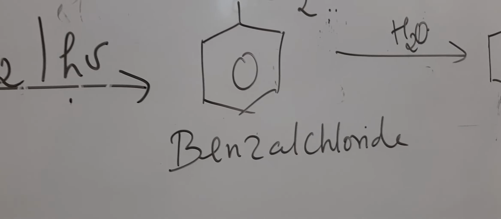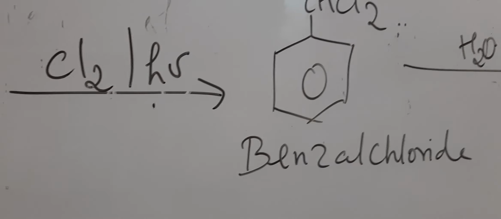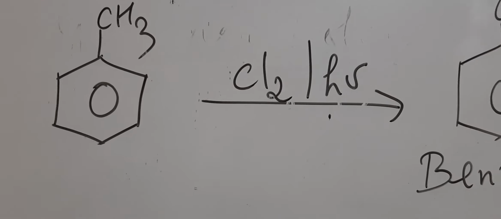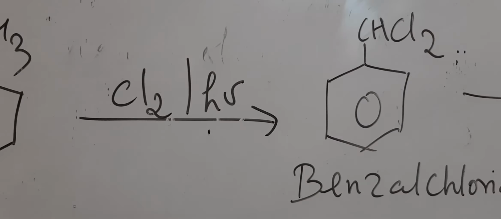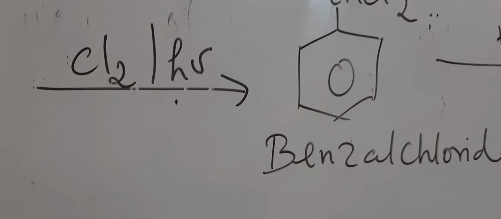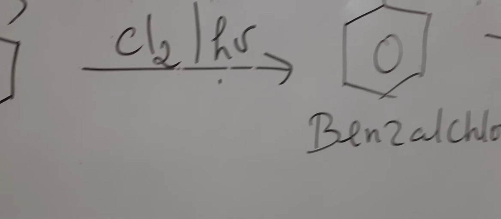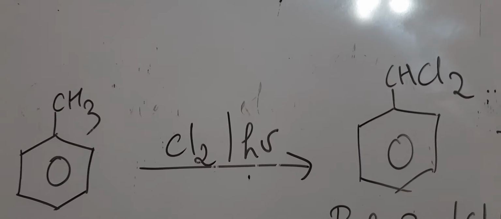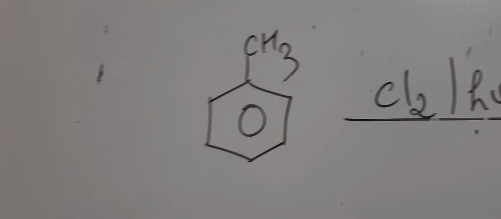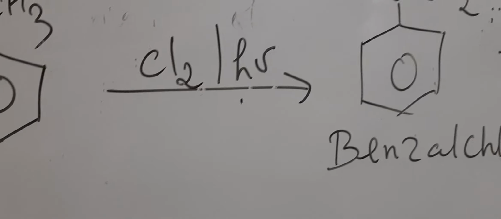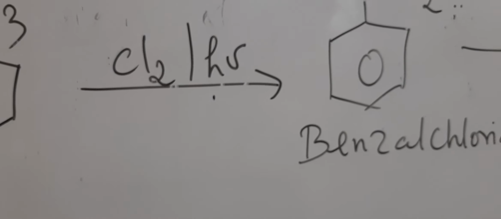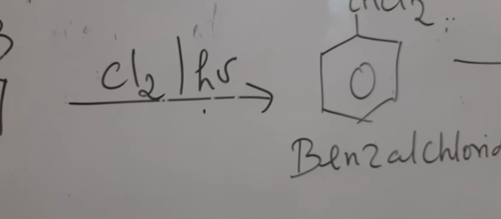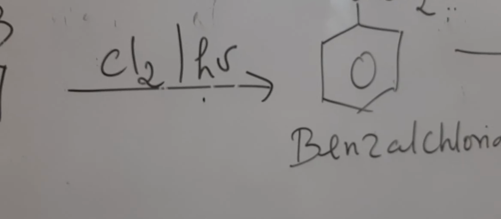So we have seen two methods from toluene itself: one is the Etard reaction and the other is the commercial method of preparation. The third one is from benzene to benzaldehyde, which is the Gattermann-Koch reaction. Today we have seen the synthesis of aliphatic aldehydes as well as aromatic aldehydes.